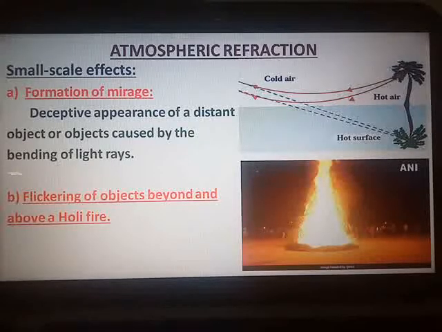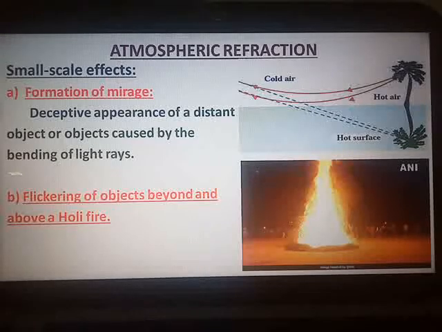Next small scale effect which you see around you is flickering of the objects beyond and above a Holi fire. If you have seen the lighting of Holi, you can observe small minute particles. You can see their movement above the Holi fire. Now what is the reason for this flickering of objects?